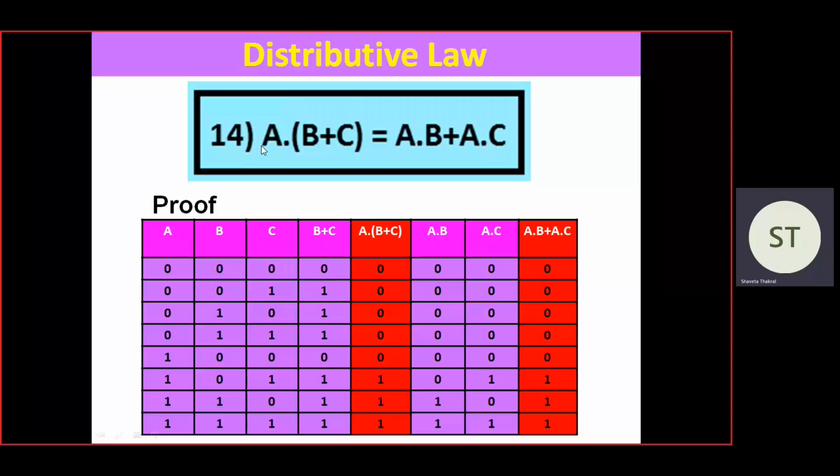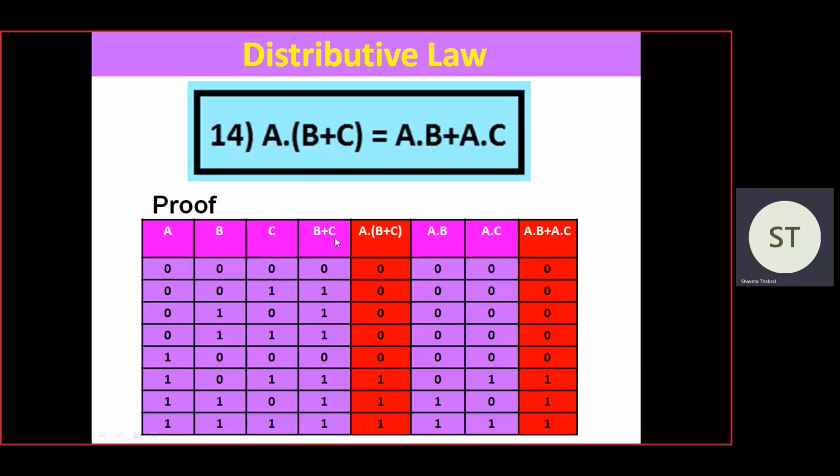Distributive law says that A ANDed with ORing of B and C, that is equal to A ANDed with B, that is ORed with A ANDed with C. So same way we can verify this distributive law. We can take A, B, C, three variables with the 8 binary combinations.